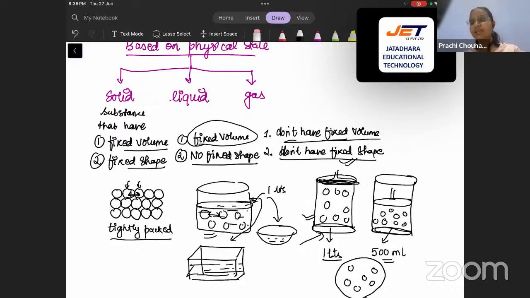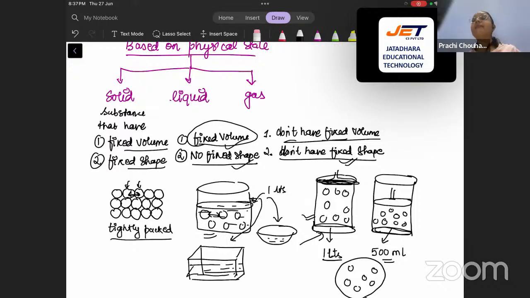Simply whatever you can see on the screen, that's the thing which is happening with solid, liquid, and gases. In solids, the particles are tightly packed. They are loosely packed in liquid and very loosely packed in gases. And the thing that you have to remember is about the fixed volume and the shape, because the thing that may confuse you is the question related to the volume and the shape of the liquids and the gases.